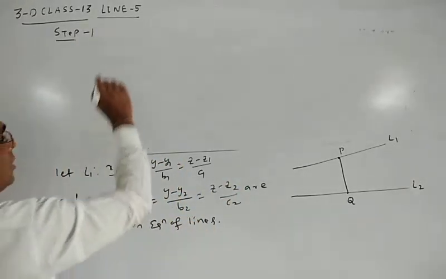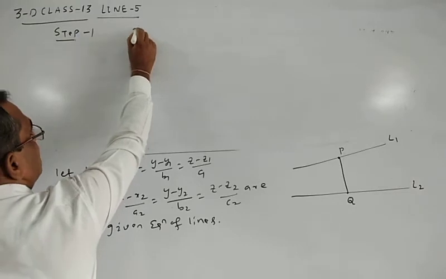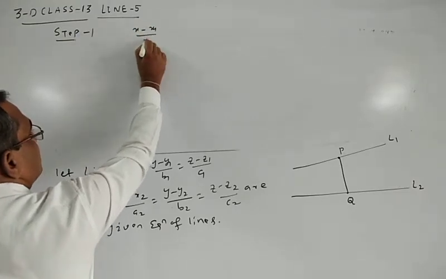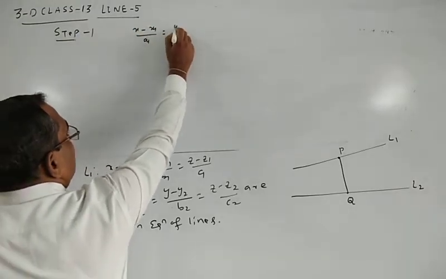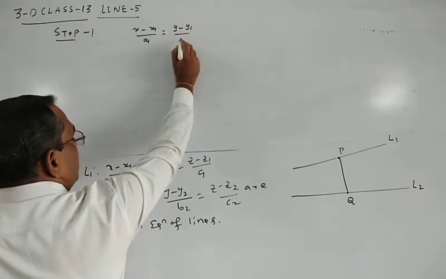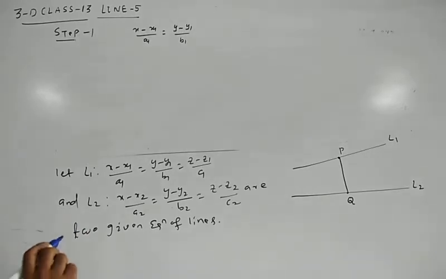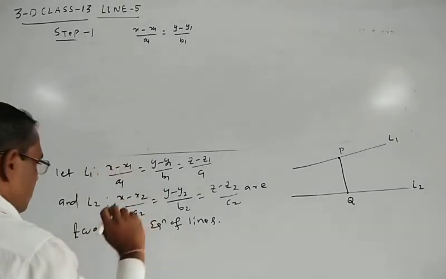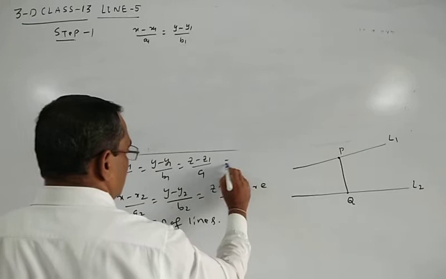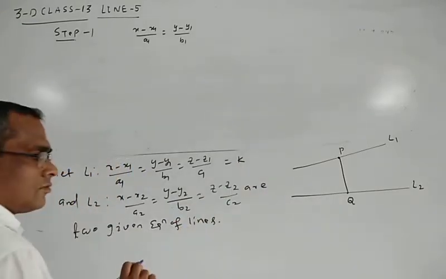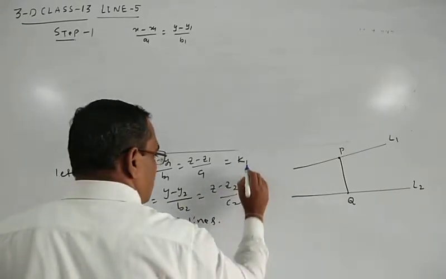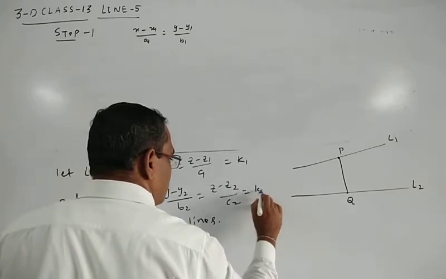So in step 1, take any point on the first line, that is (x minus x1)/a1 = (y minus y1)/b1 = (z minus z1)/c1. Let this be equal to k1, and for the second line equal to k2.